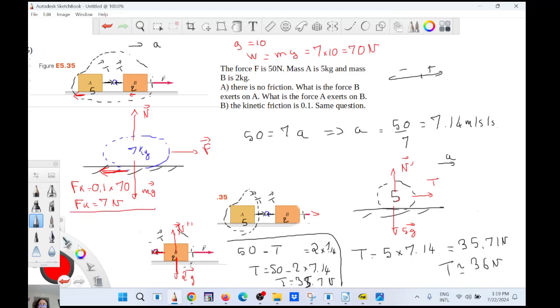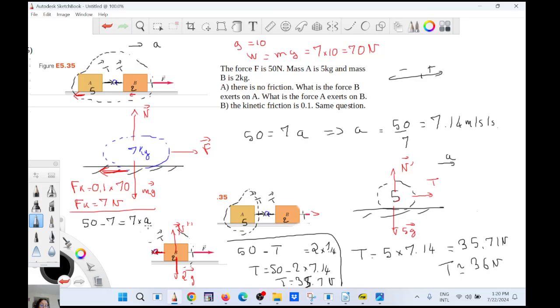From here, you can find the acceleration. You can say 50 minus 7 equals the mass, 7, times the acceleration.